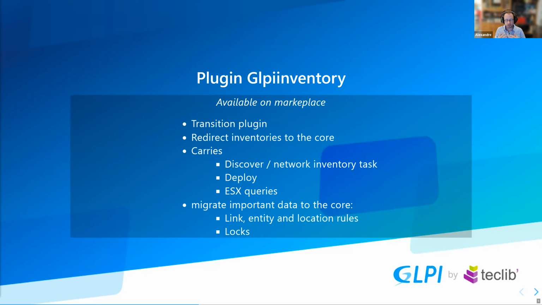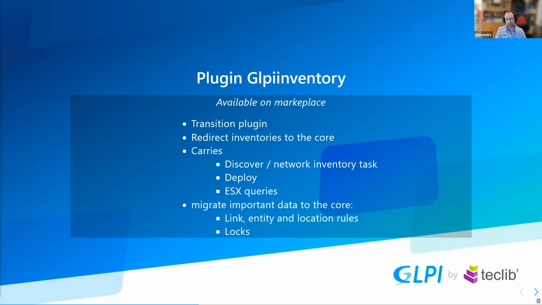The first thing to say about this is that it's a fork of the Fusion Inventory plugin, the last plugin released on 9.5. And we moved a lot of things in this plugin for this transitional period. The first one is that all the inventory part of the old plugin was removed, and it redirects all data received to the core, to the native inventory.